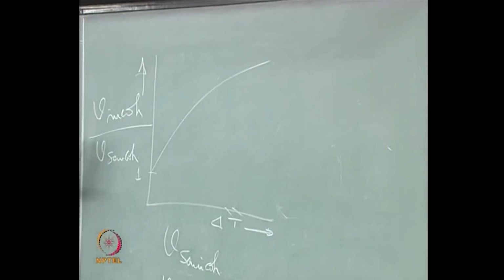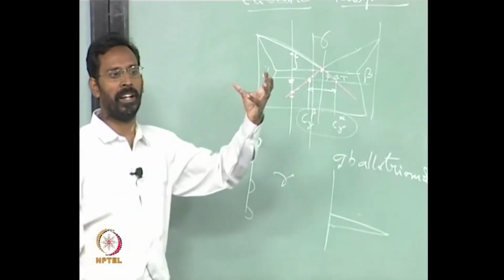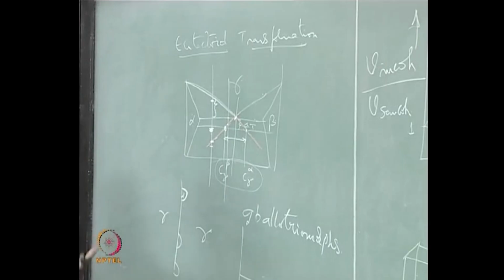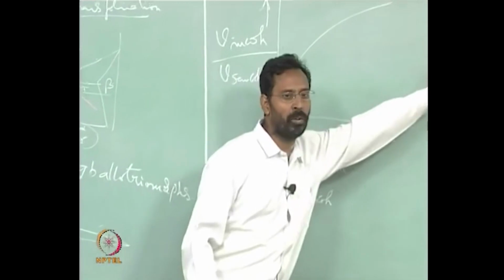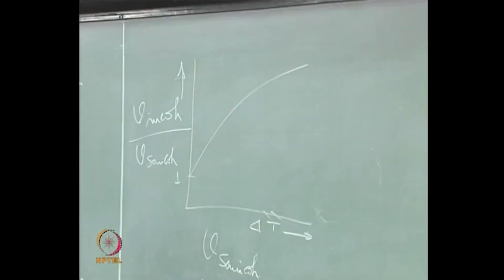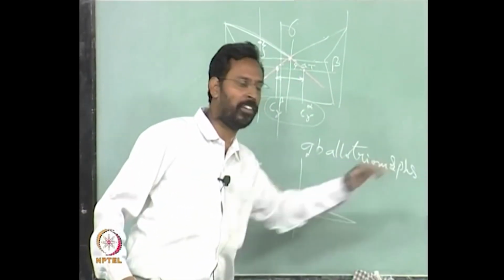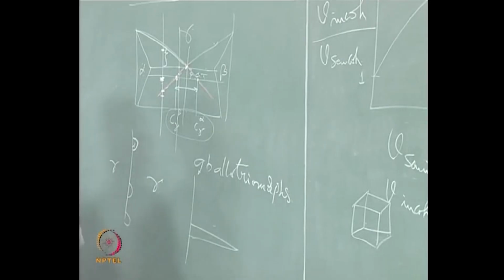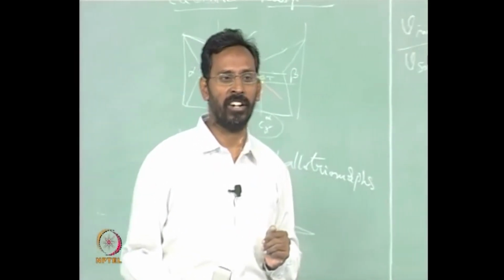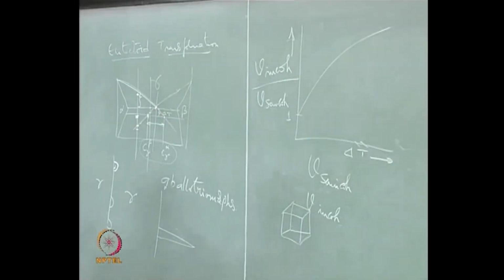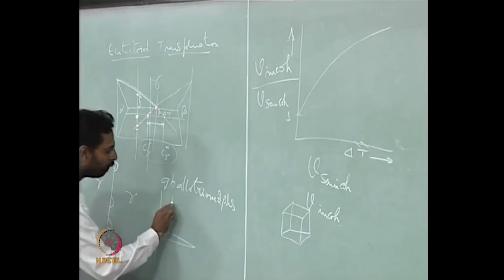At high temperatures the ratio is close to 1, that means both incoherent and semi coherent can grow, and once that happens you end up in this kind of thing, spherical, in all directions the growth is like an isotropic growth, whereas here at high undercoolings such an isotropic growth is not possible, and as a result one direction grows, which is the incoherent direction, the semi coherent directions do not grow, and as a result it gets elongated. So that is what we call a Widmanstätten structure. So Widmanstätten structures come into the picture basically because of that.